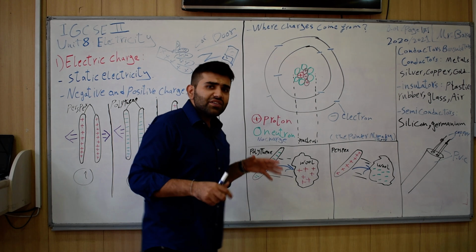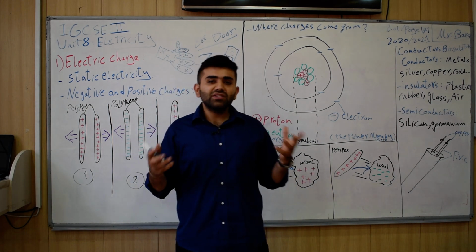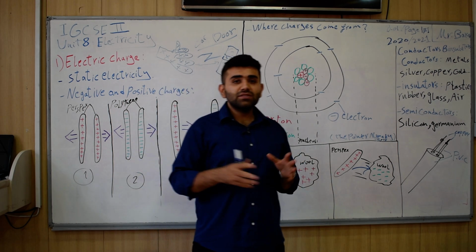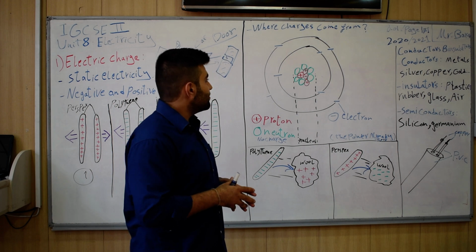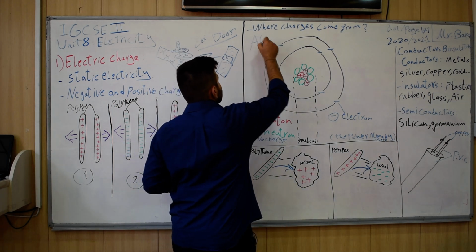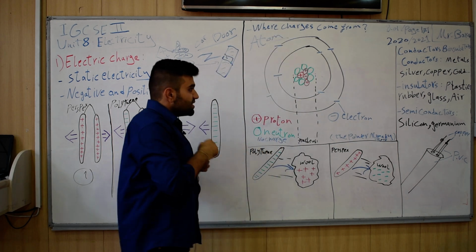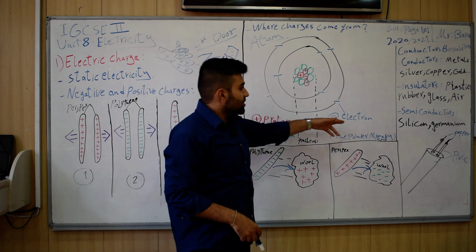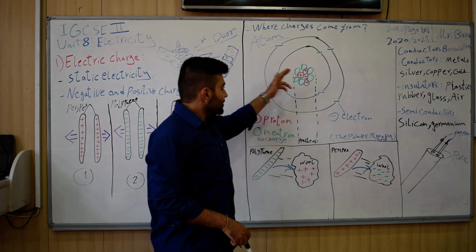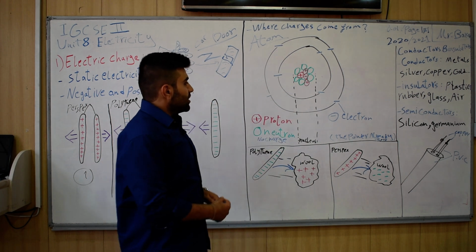The thing is, everything in our life is made from very tiny particles, and these particles are atoms. For example, as you can see in this figure, the atom has electrons, and you have the nucleus, and the nucleus has protons and neutrons.